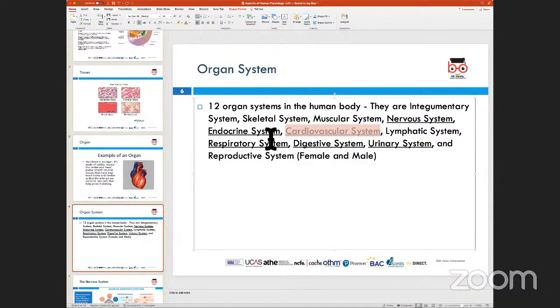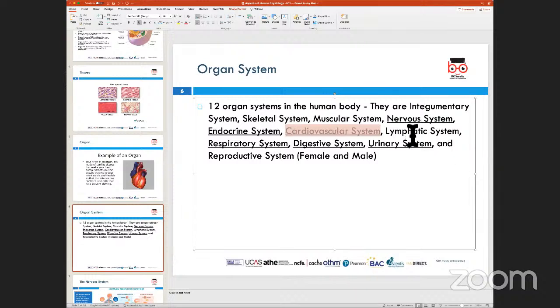So we've looked at the endocrine, the nervous system, the digestive system, the cardiovascular, we will look at the respiratory system, and the excretory or urinary system.